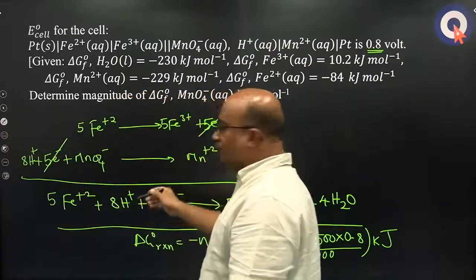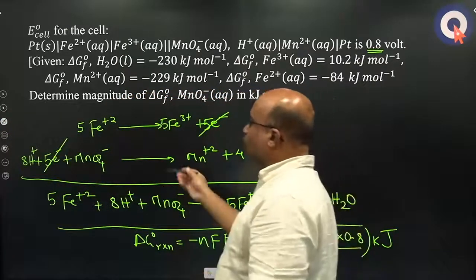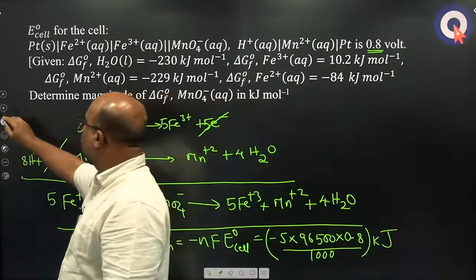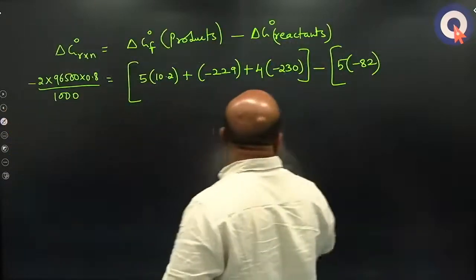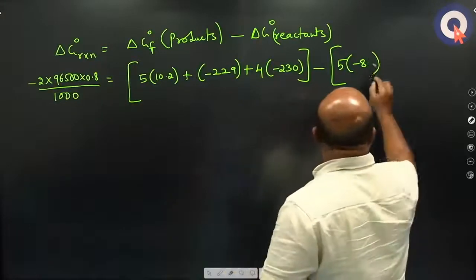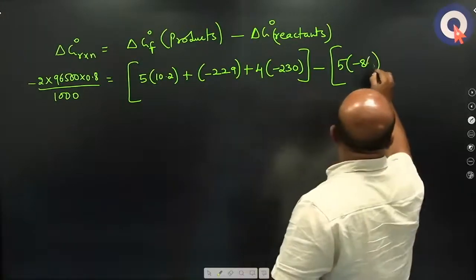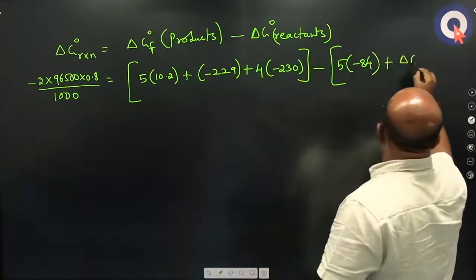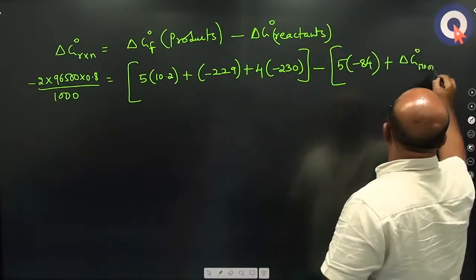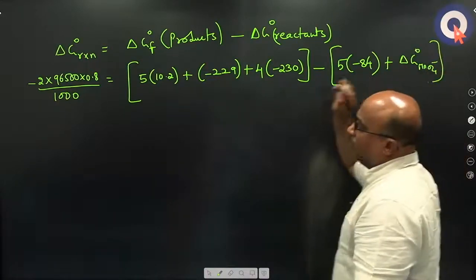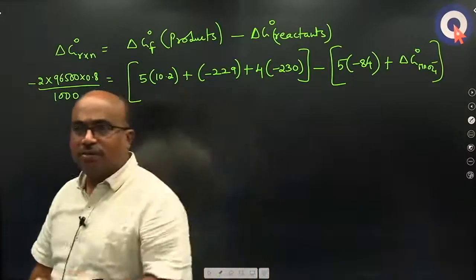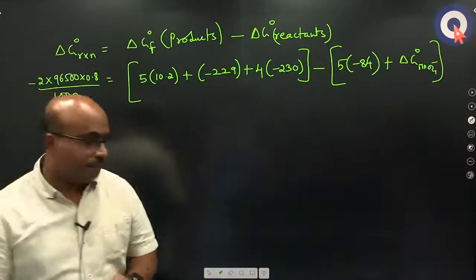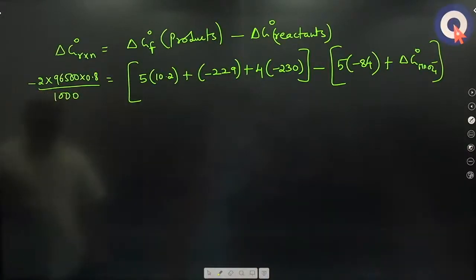Next, H plus is anyhow 0. MnO4 minus you have to calculate. So this is nothing but 5 into 84 plus delta G naught of MnO4 minus, because it is also per 1 mole. So this is the only calculation that we need to proceed. Clear? Next.